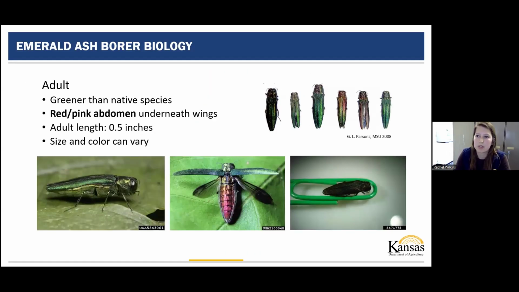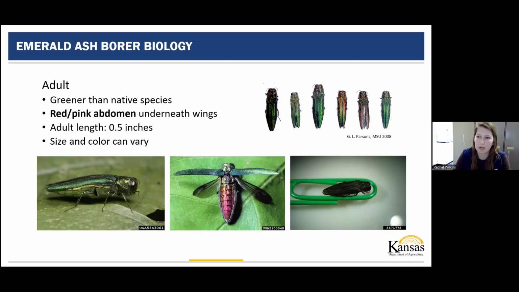So I'm going to talk about a couple of the different life stages today, the adults and the larvae. Those are the ones you are most likely to come across in the field. For the adults, they are a lot greener than most of our native species. If you spread their wings apart and their elytra and look at their abdomen, they have a very bright red-pink coloration, and that is a key identifier for emerald ash borer.